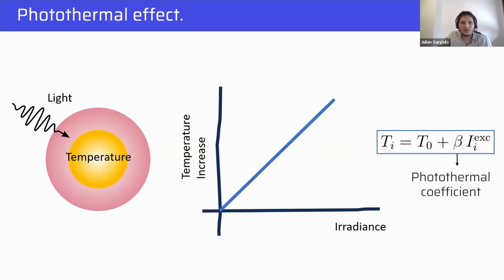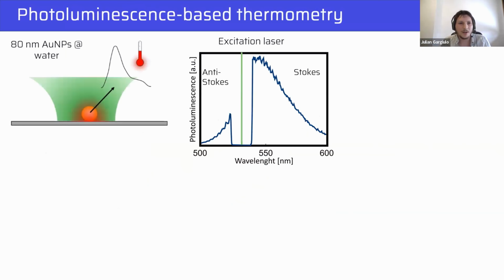Okay, so this technique is based on a phenomenon called photoluminescence emission. Here I have an example. Imagine a single gold nanoparticle is illuminated at the plasmon resonance at 532. We can see that the particle emits light at different wavelengths from the excitation, and here you see an example of the emission photoluminescence spectrum.